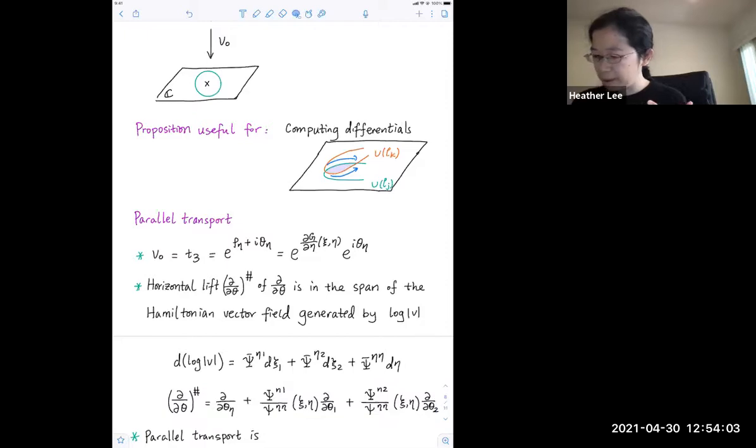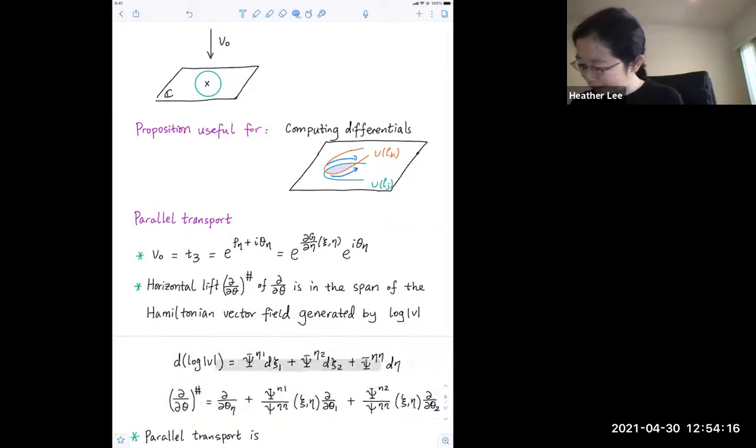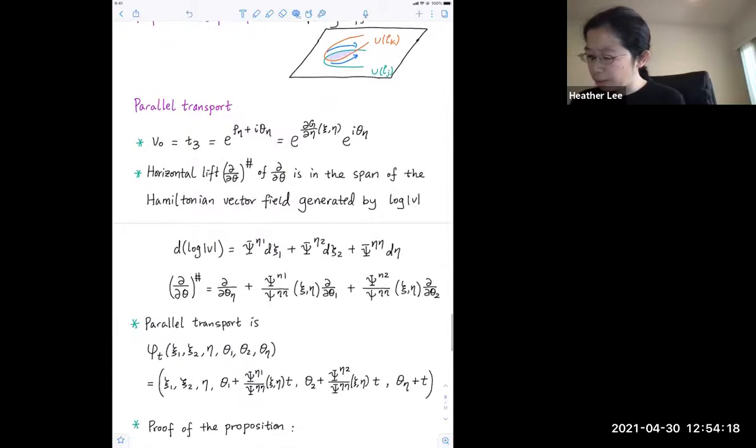So if we just calculate this, we get a horizontal lift. The dV naught of this is supposed to give you d/dθ. So this would be the horizontal lift, and because of this, the parallel transport is just given by taking the action and angle coordinates, and then the angle coordinate changes in this way.